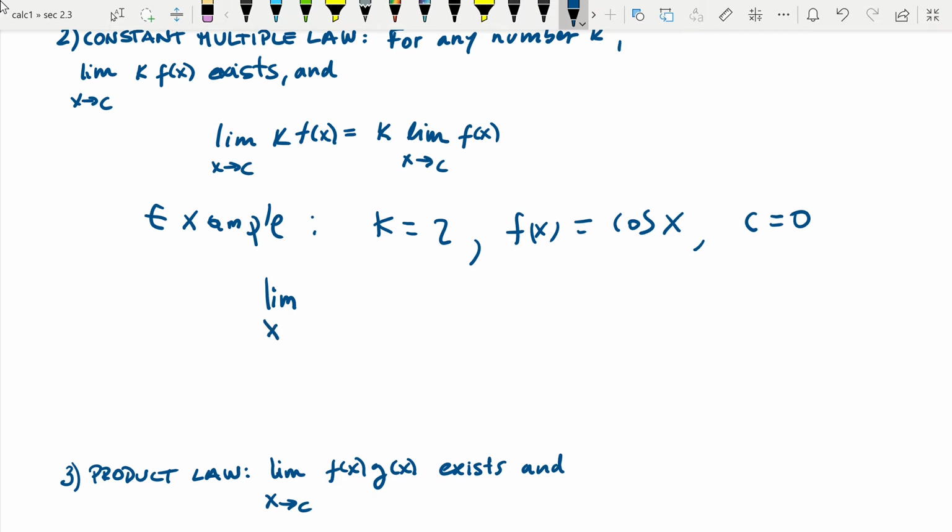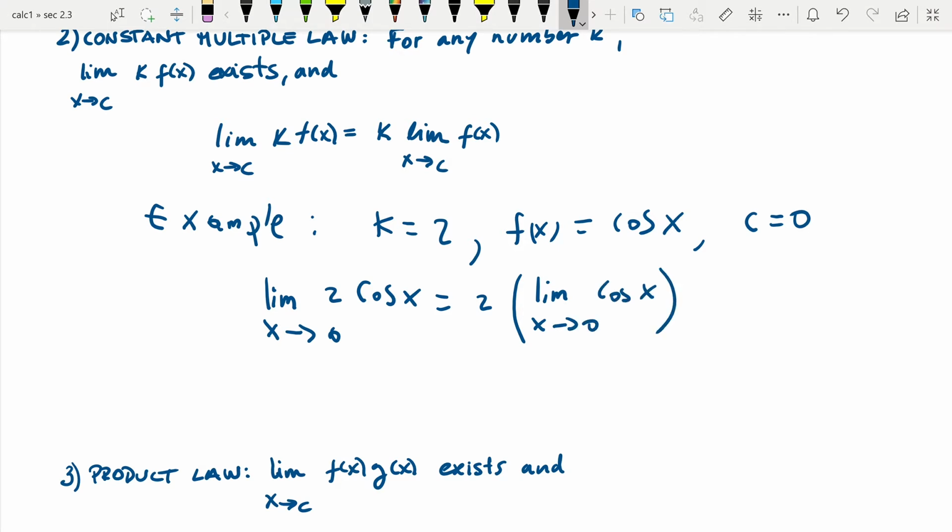That the limit as x approaches 0 of 2 times cosine of x is just 2 times the limit as x approaches 0 of cosine of x.